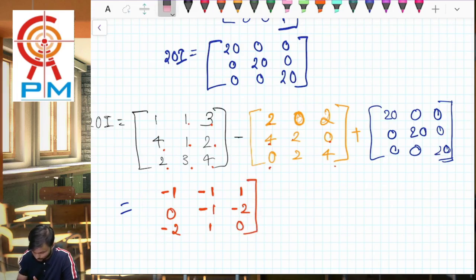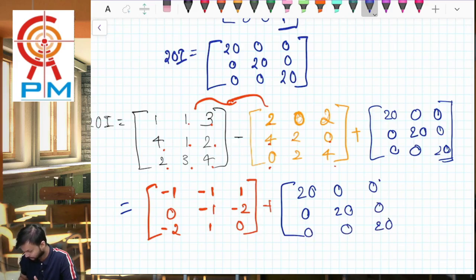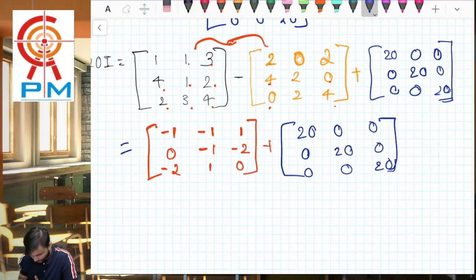So this is what I got by taking the subtraction of these two matrices. And now I'm going to add this identity matrix 20 0 0 0 20 0 0 0 20. If I get over here the addition of this entire matrix as all 0, then I can say that yes, it is equal to 0. And if not, then the entire equation was not equal to 0.